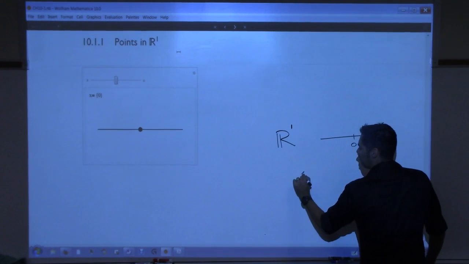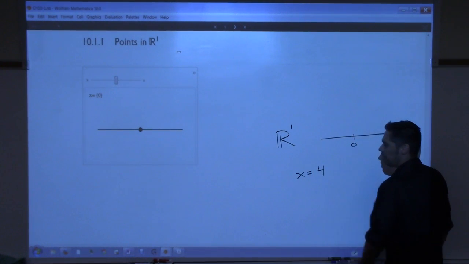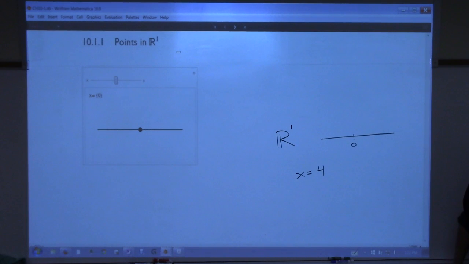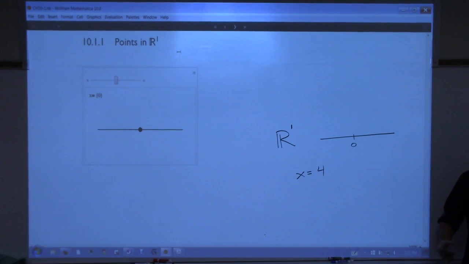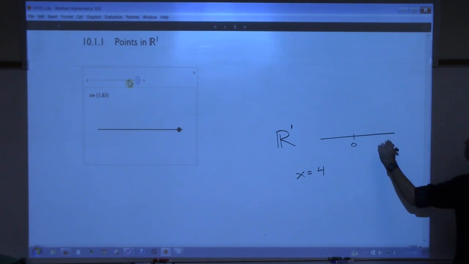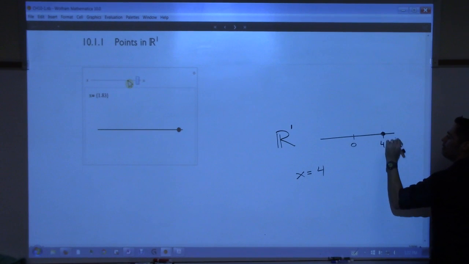If I tell you to describe to me what x equals 4 would be in R1, it's a point, isn't it? It's a point on that line. So I just move out to 4, and we have a point, right?